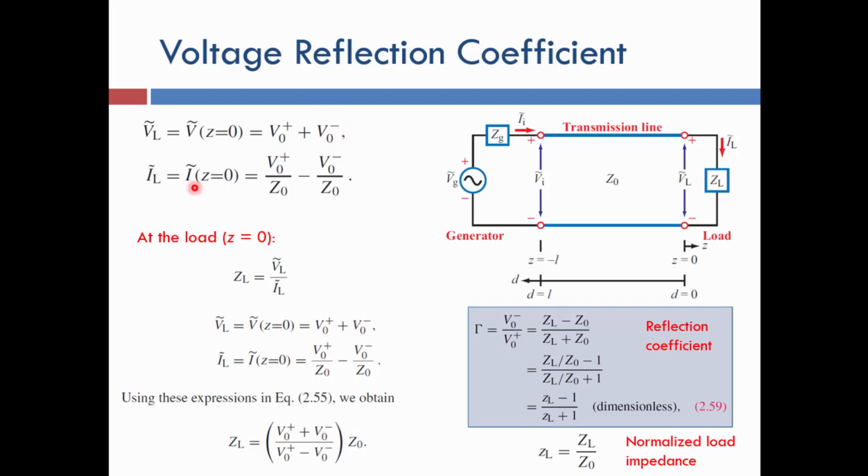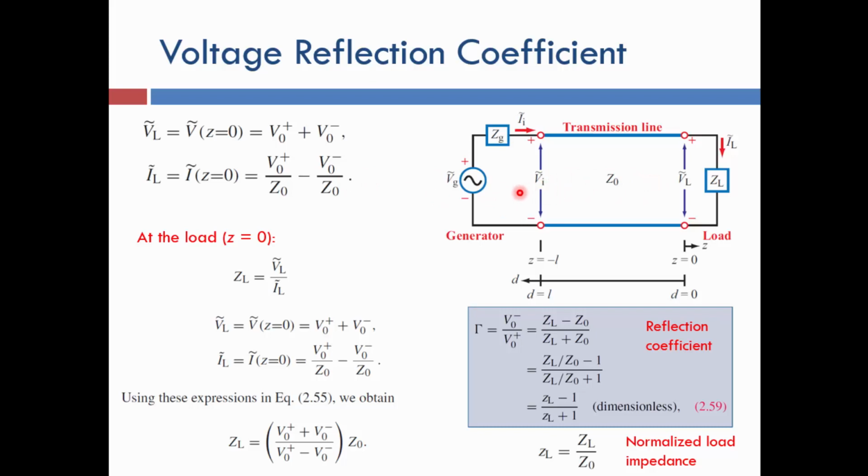Same for the current, the traveled one superimposed with the reflected one. So the total voltage along the transmission line, which is of course a function of the position z, represents the traveled voltage superimposed with the reflected one, and also the current.